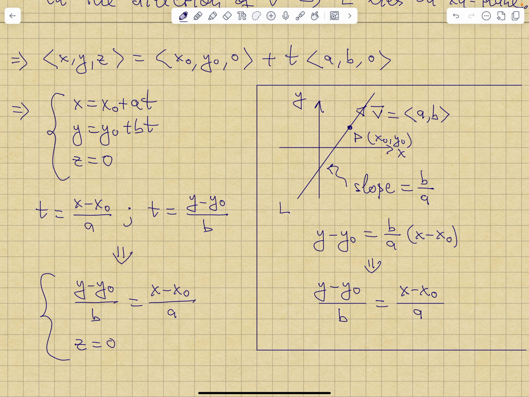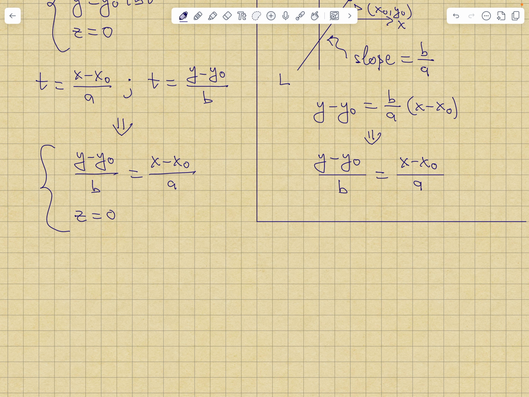This is called the symmetric equation of a line. So in that sense, the standard point slope formula in 2D gives us a symmetric equation of a line.